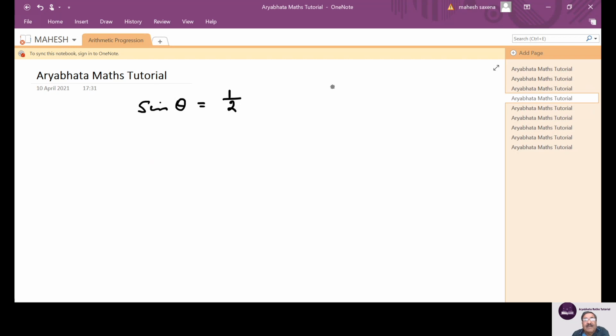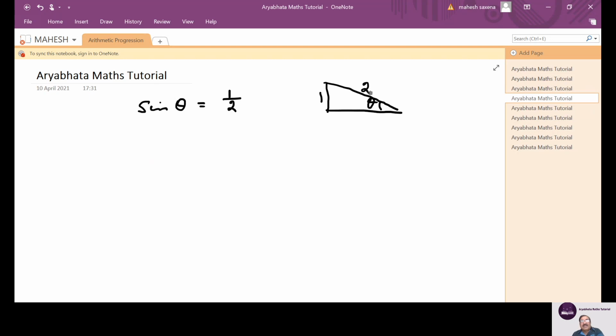It is very easy. Draw a triangle. Let this angle be theta. Since you know that sine is perpendicular upon hypotenuse, therefore in this case perpendicular will be 1, hypotenuse will be 2.